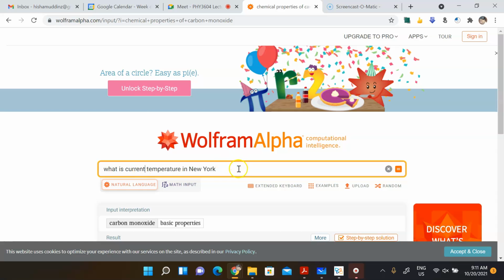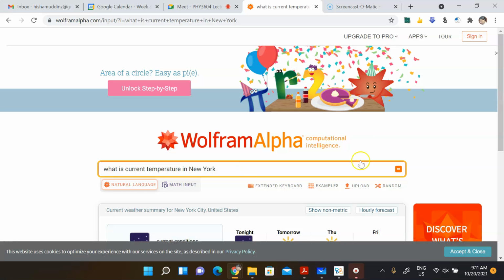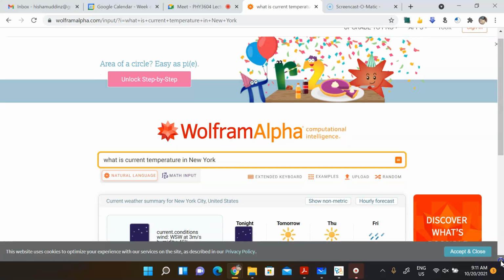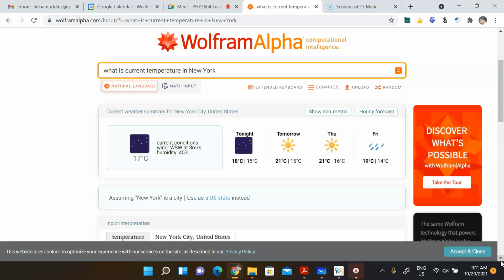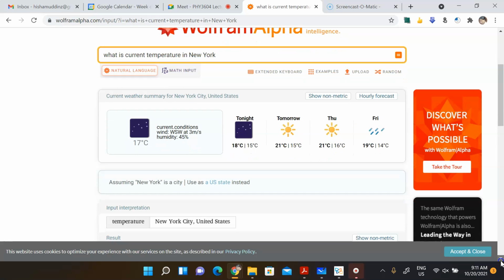And you will access some database somewhere about the weather, okay, and it will probably tell you. Okay, so it's about 15, about 15 degrees Celsius. So I think now it's probably about autumn.